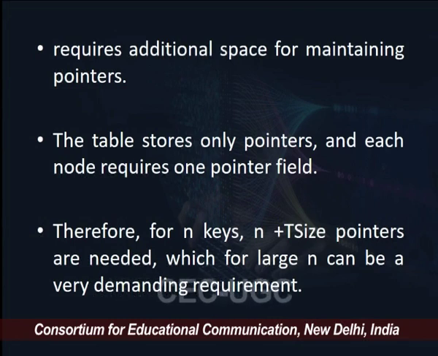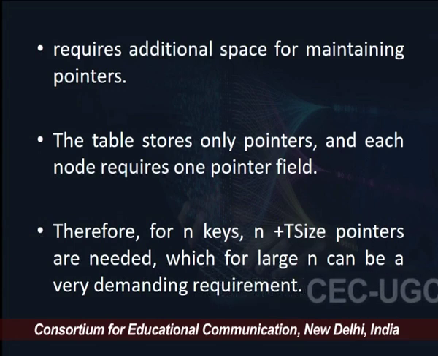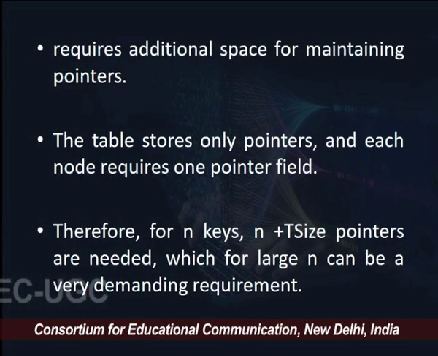So, for n number of keys, n plus the table size pointers are required, which can be huge if n is very large, that is, if the number of elements actually inserted into the hash table is very large.